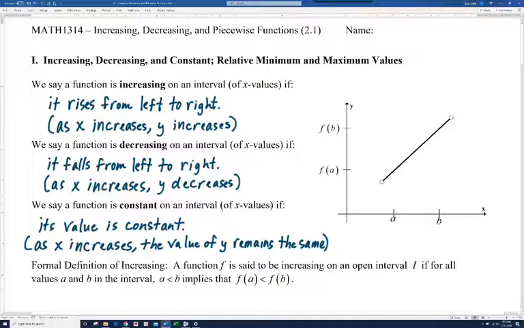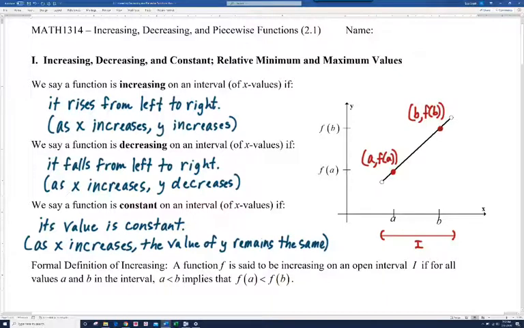A function f is said to be increasing on an open interval I. So let's call this our open interval I. If for all values a and b in the interval, a less than b implies f of a is less than f of b. So these are just two specific points that I picked where a and b are in this interval I. Let's look at f of a and f of b.